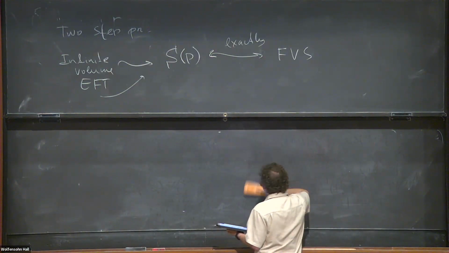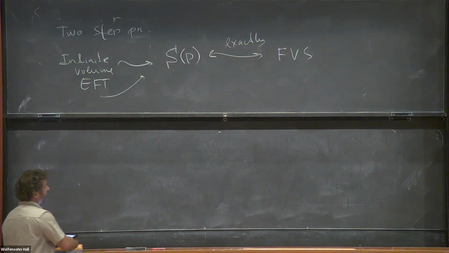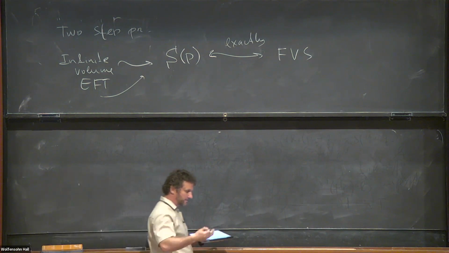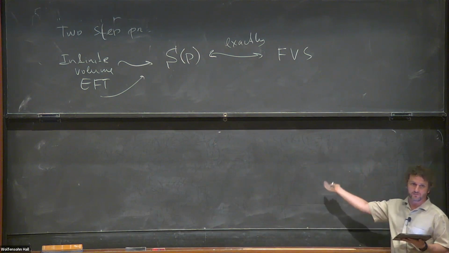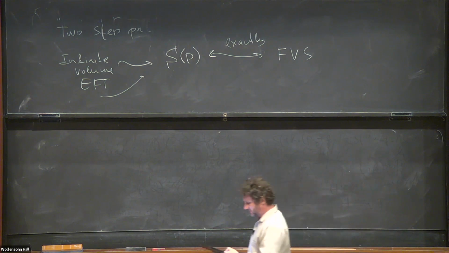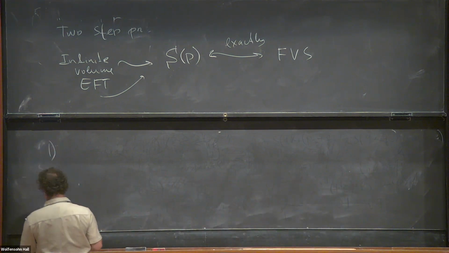However, there are several special cases where it's known, and it's a classic problem in lattice field theory, because, as I said before, on the lattice one measures the finite volume spectrum and wants to extract from it scattering amplitudes. So there are some cases where it's known how to proceed.